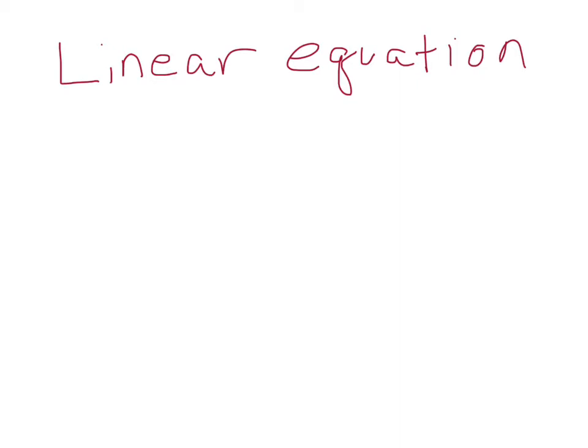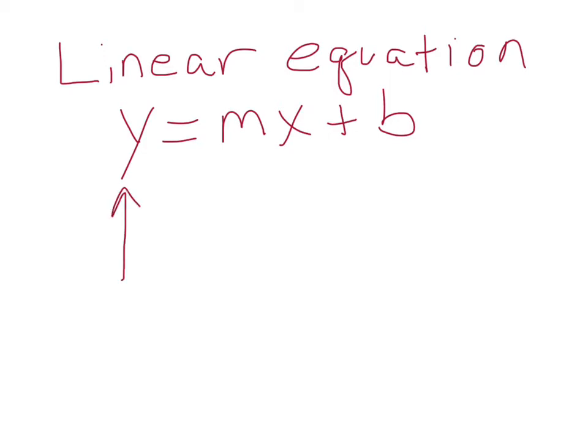So your standard math class version of a linear equation looks like y equals mx plus b. The linear equation y equals mx plus b, you can see, gives you a relationship between what's on your y-axis and what's on your x-axis. And there are two other values that are important.